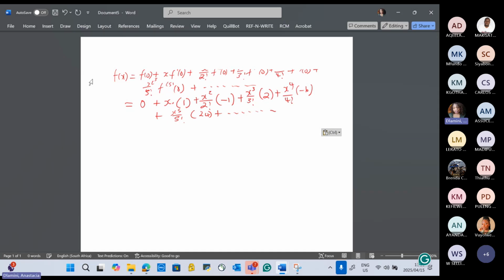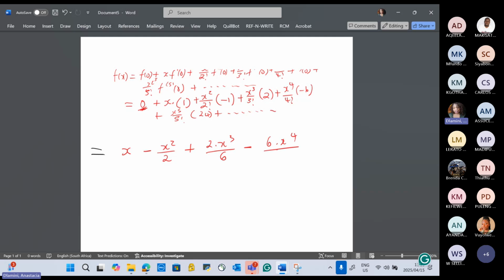So this is 0, and then we have x, minus x squared over 2 factorial, which is just 2, plus 2 times x to the power of 3 over 3 factorial, which we know is 6, minus 6 times x to the power of 4 over 4 factorial.